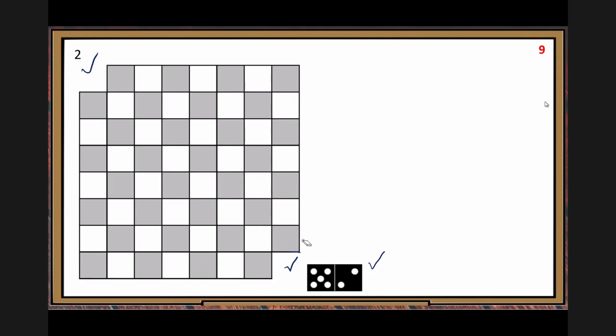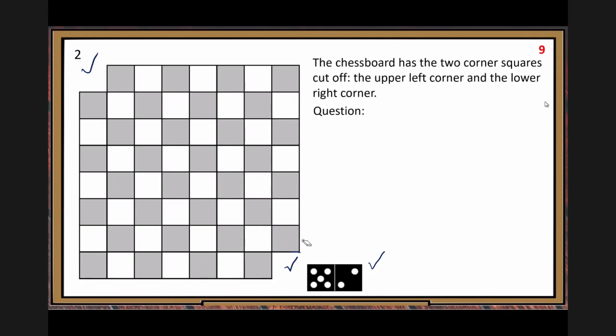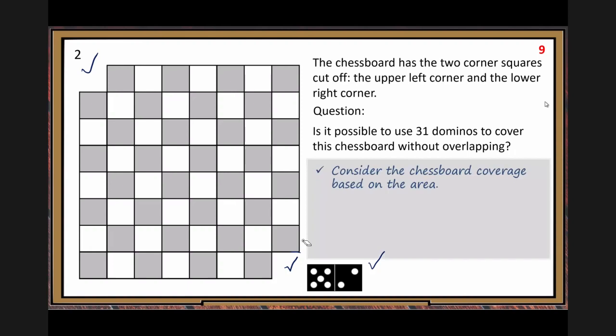This question: can you use 31 domino cards to cover it? Possible or not? It looks possible, because you have 62 unit squares, so it seems possible using 31 domino cards to cover it.